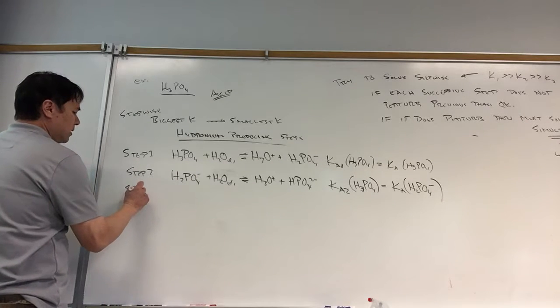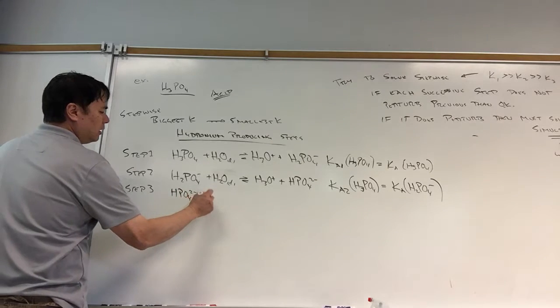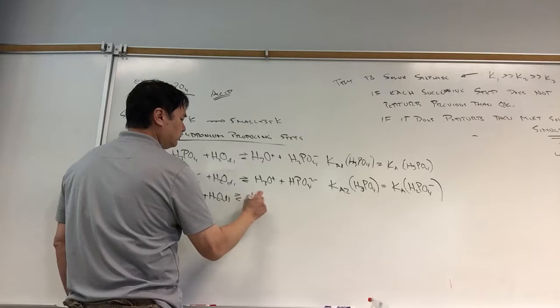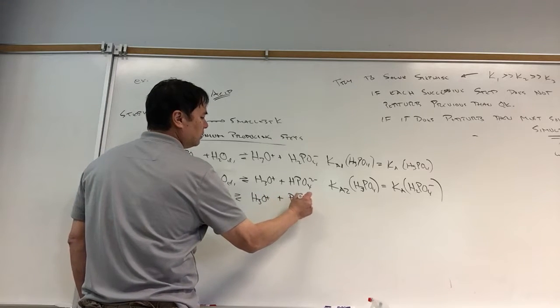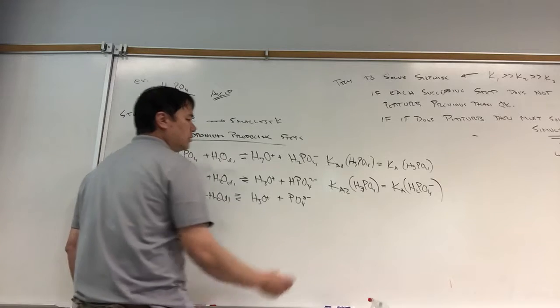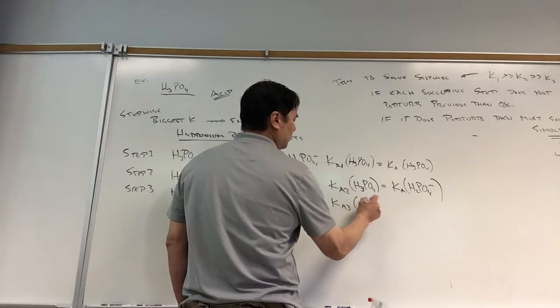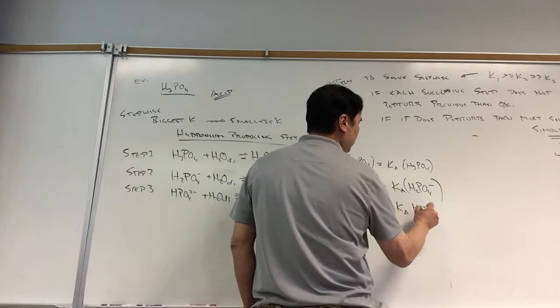The next step, step 3, is monohydrogen phosphate hydrolyzing water. This is going to produce hydronium plus phosphate ion. This is Ka3 for phosphoric acid, equal to Ka for monohydrogen phosphate.